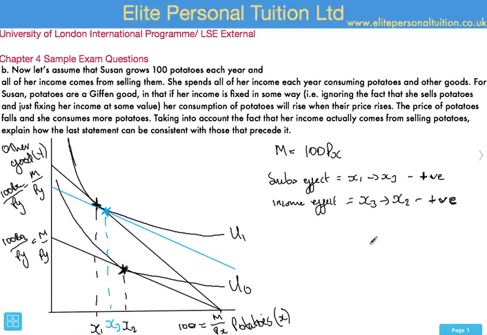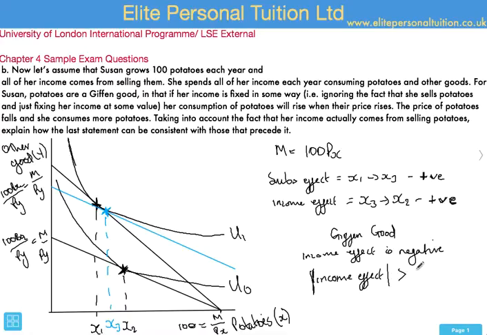Now, you may be thinking, well, this is completely inconsistent with a Giffen good, because a Giffen good, by definition, is where the income effect is negative and in absolute value terms greater than the substitution effect.